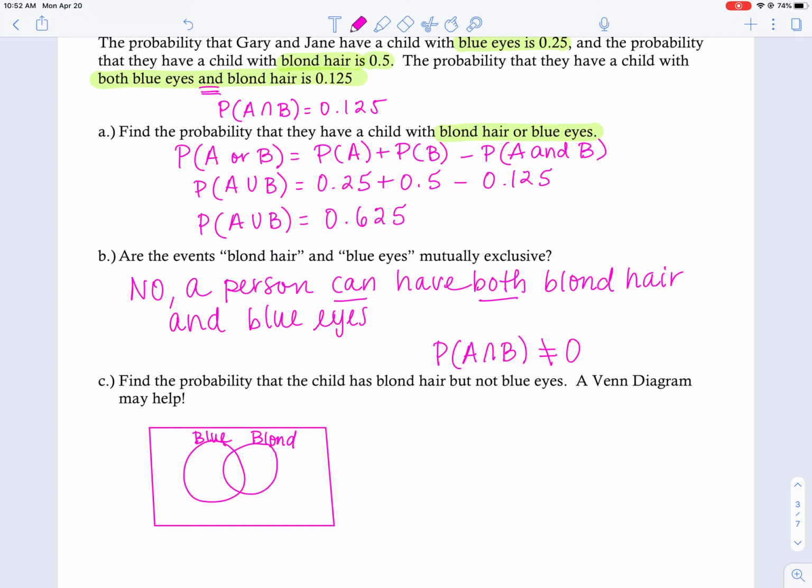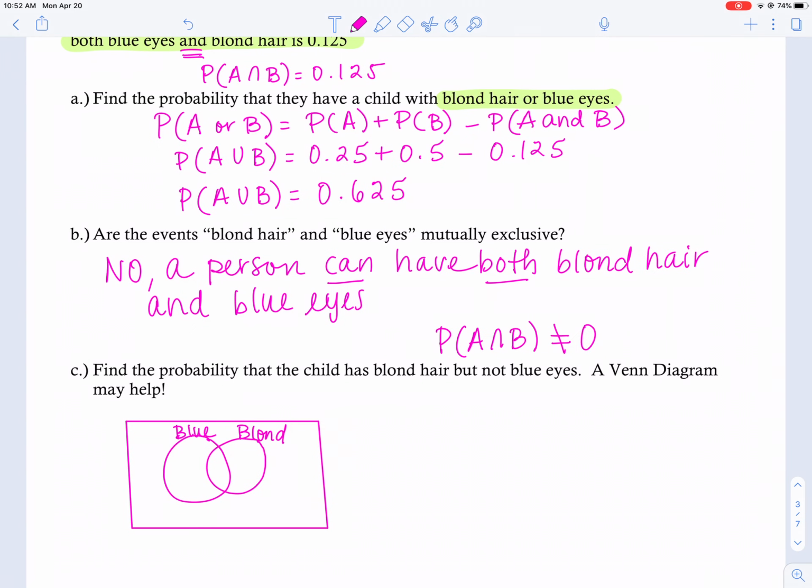Okay, remember you always have to work from the inside out, and we know the intersection of blue eyes and blonde hair. Weird, doesn't blonde have an E at the end? Whatever. So when you look at the intersection, we know blue eyes and blonde hair was 0.125. So I'm making this 0.125.